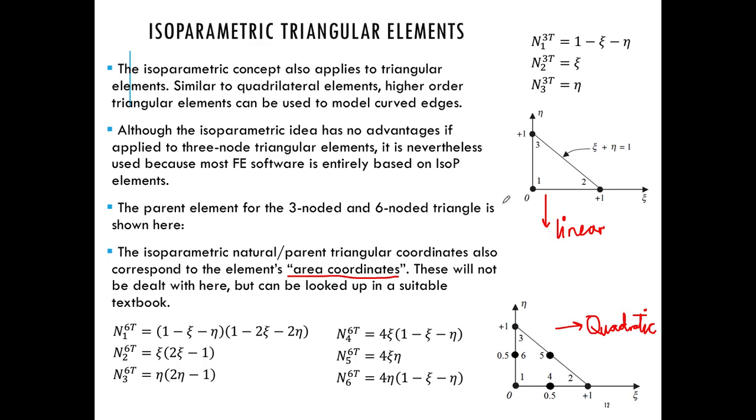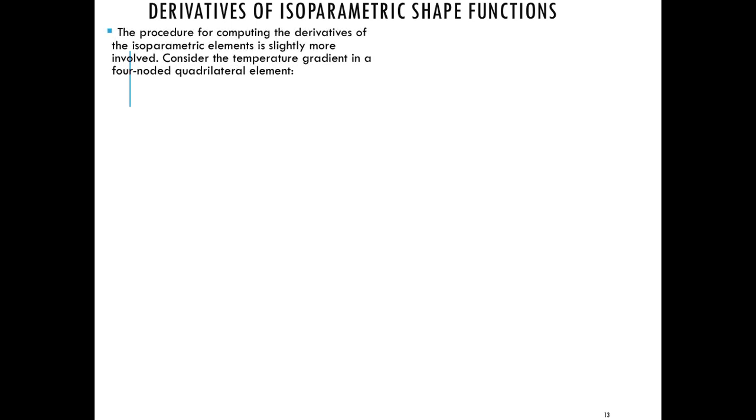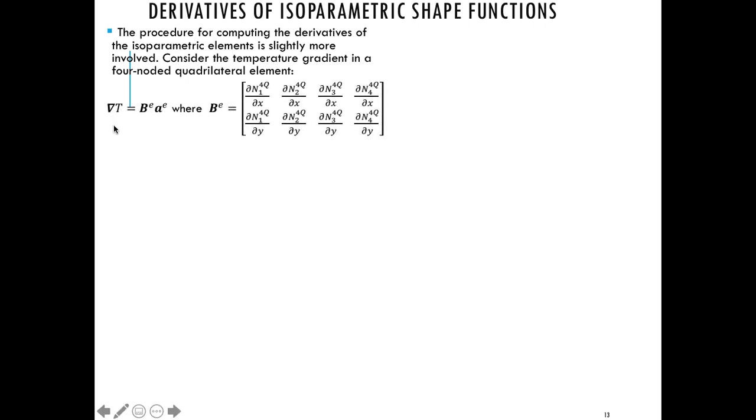Okay, so now comes the tricky part, which is to look at the derivatives of these shape functions. Often in our weak form, we have the derivatives of our essential variable popping up. For example, in our weak form for our heat conductance problem, we had del T arising.